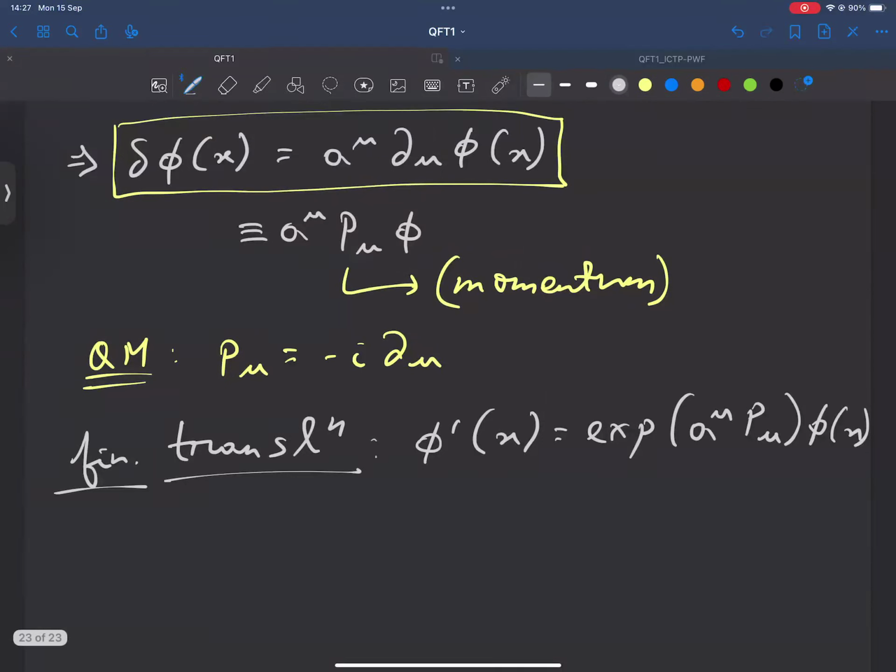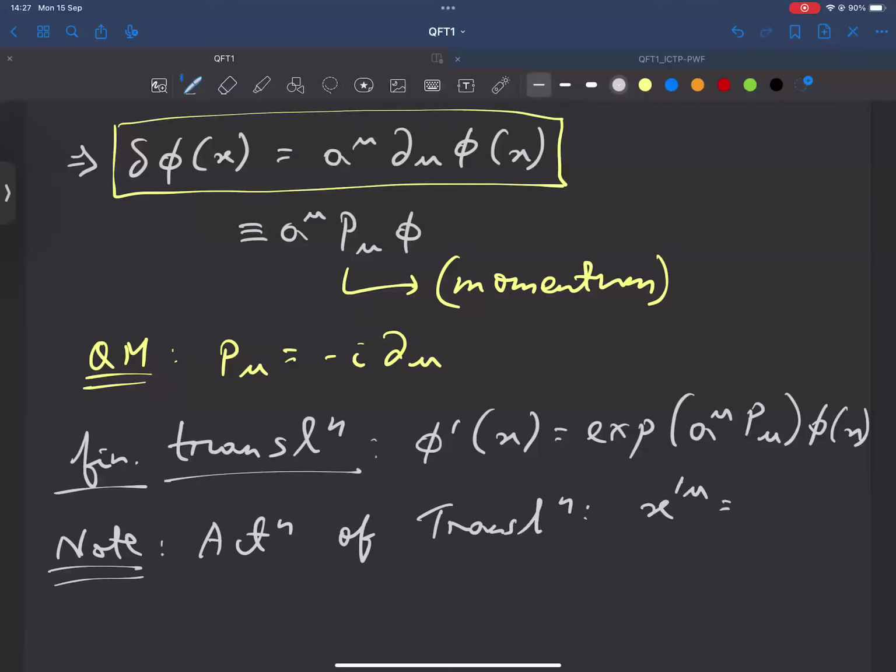Now, there's one more thing I should say here. Note that when we considered the action of translation on vectors, the vectors work like this, right?